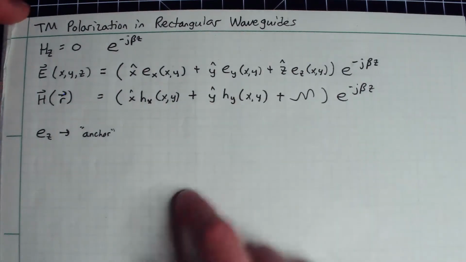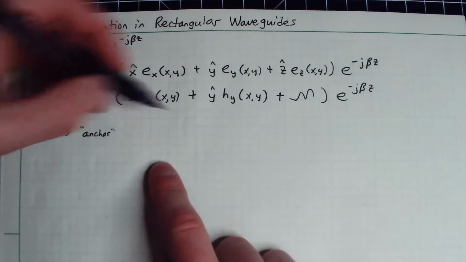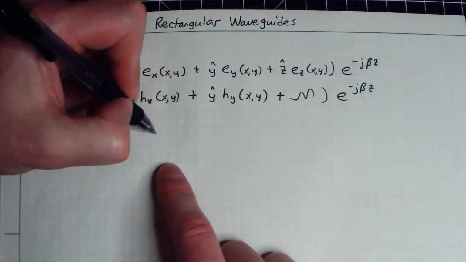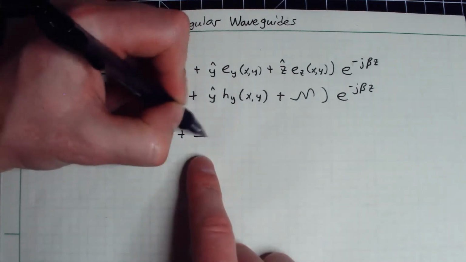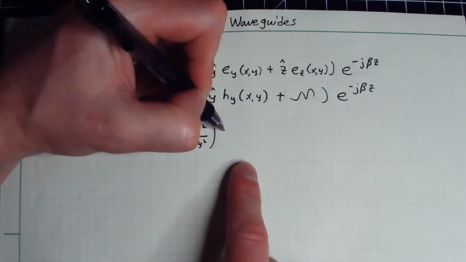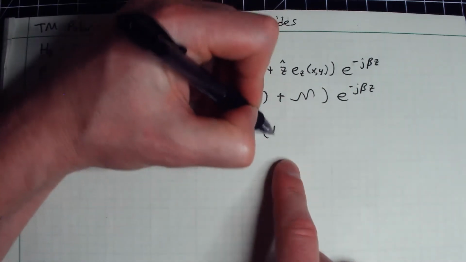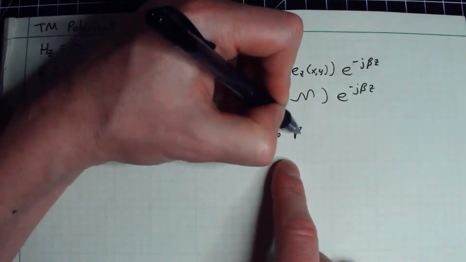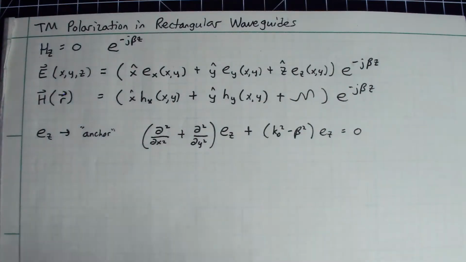So we showed last time that the Hz would satisfy this kind of reduced 2-dimensional Helmholtz equation. And the same argument will apply. So what we're going to get is partial squared with respect to x squared plus partial squared with respect to y squared e sub z plus k naught squared minus beta squared e sub z is equal to 0.